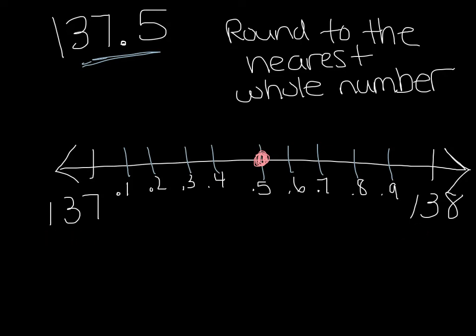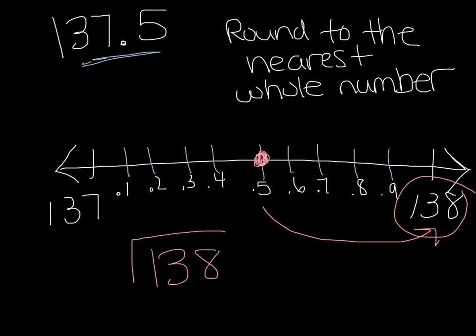But the rule is, when it's right in the middle, we always round up. So we're going to round this to 138. Okay, so whenever it's right in the middle, you always round up. So 137.5 rounded to the nearest whole number is 138.